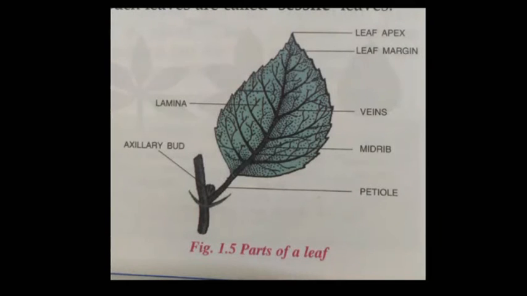A typical leaf has parts like petiole, lamina, midrib, vein, leaf margin, etc. Petiole is the basal part of a leaf which is also connected to the stalk. It is attached to the stem at the node. An axillary bud is present at the axil of the leaf.